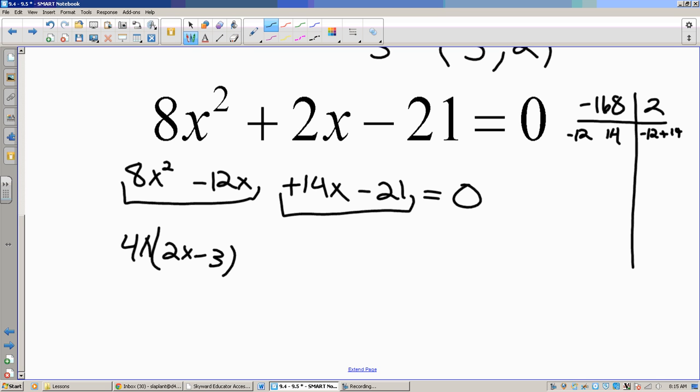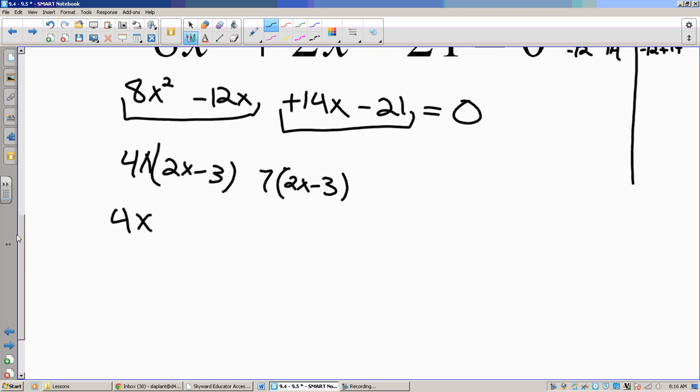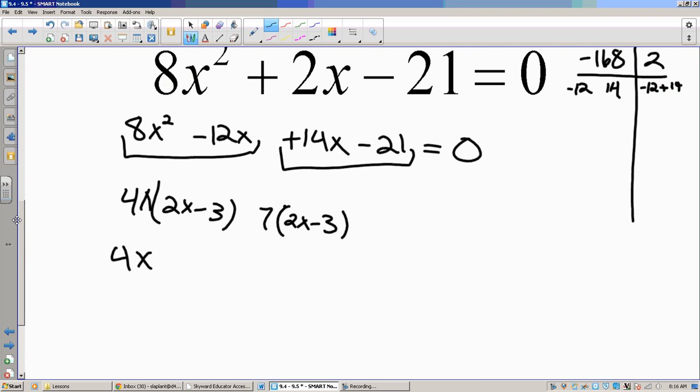And here I'm going to factor out a 7, and I'm left with 2x minus 3. So I get 4x plus 7 times 2x minus 3 equals 0.